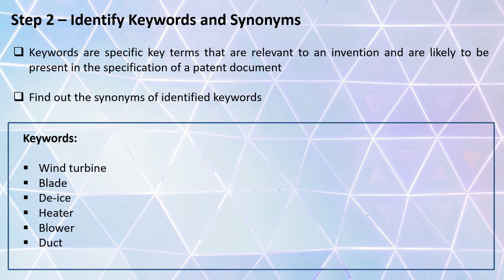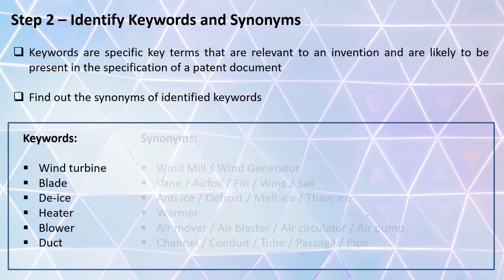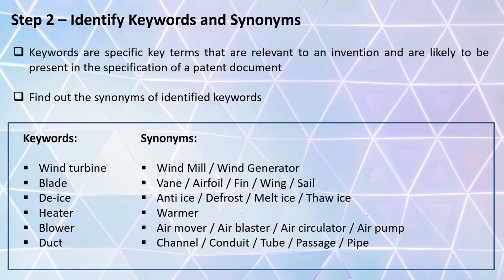So in this case, let's check out the synonyms. So if you see, synonym for wind turbine, it can be windmill or wind generator. Then for blade, it can be vane, airfoil, fin, wing, sail. For de-ice, it can be anti-ice, defrost, melt ice, thaw ice.